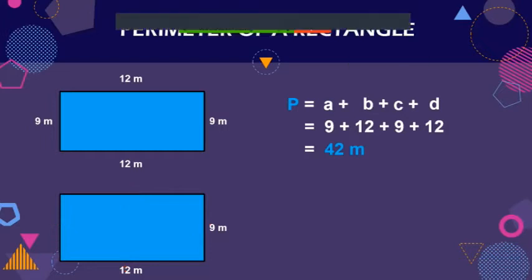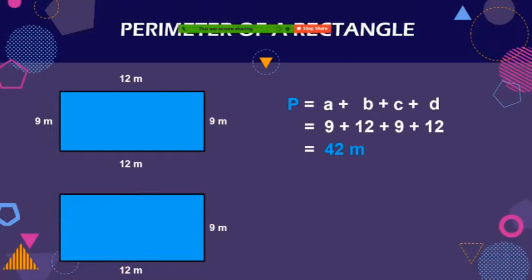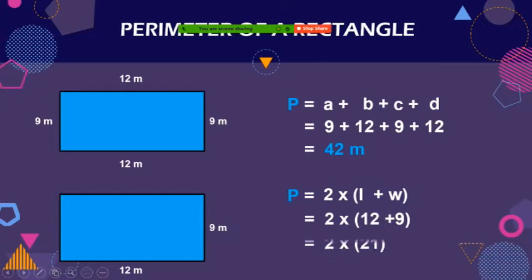So we can add the length and the width, and multiply it by 2, following this formula: P equals 2 times (length plus width). Our length is 12 and our width is 9. Again, we have to solve first what's inside the bracket. 12 plus 9 is 21. Multiplied by 2, we get 42 meters. So these are the two ways we can find the perimeter of a rectangle.